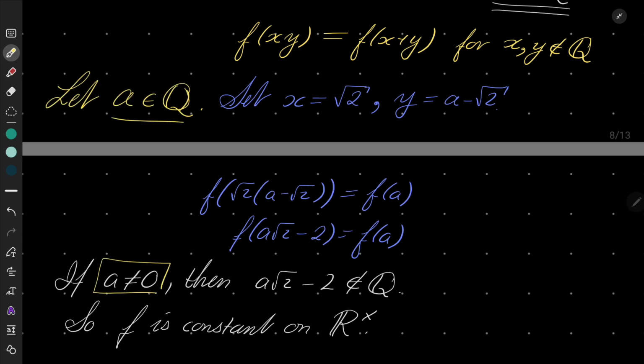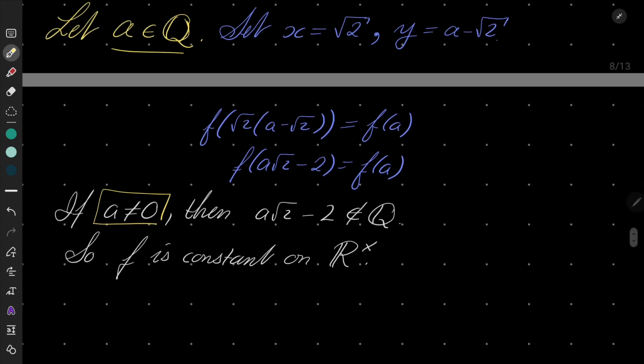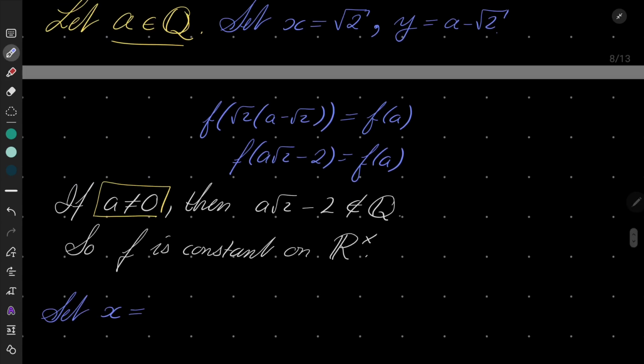And finally, let's check what happens at 0. So at 0, we can finally set x equals square root of 2, y equals minus square root of 2.